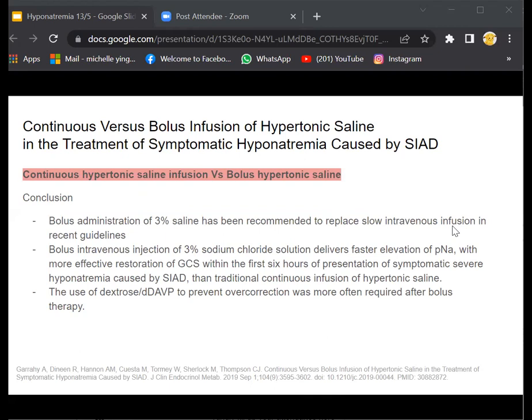This is as bolus intravenous injection is able to deliver a faster elevation in serum sodium concentration with more effective restoration of GCS within 6 hours of presentation, as compared to continuous infusion of hypertonic saline. In this article, the use of dextrose and DDAVP to prevent overcorrection was more often required after bolus therapy as compared to continuous infusions.